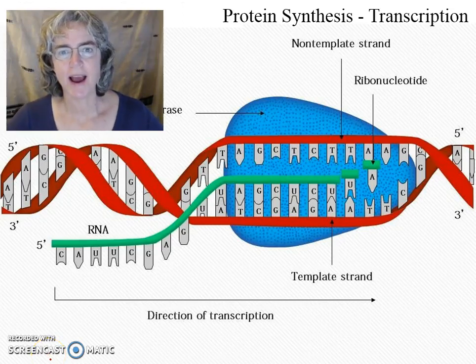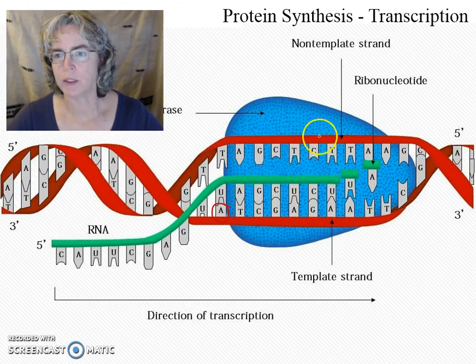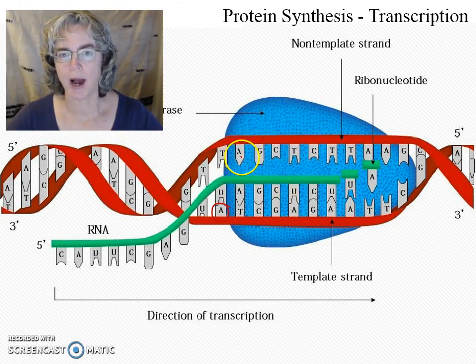Okay, so now we have an RNA molecule that is very similar to our DNA molecule. Not exact, but very similar. So using the sequence of nucleotides in the DNA molecule, this RNA molecule was built by this RNA polymerase.